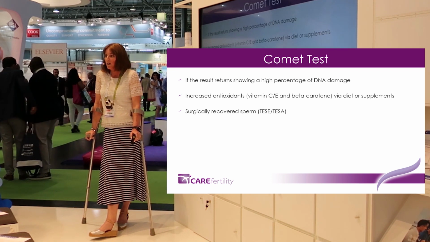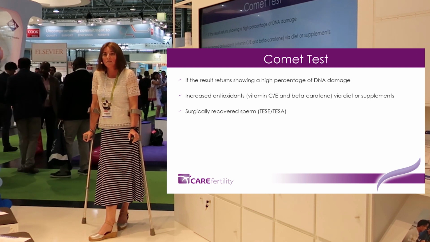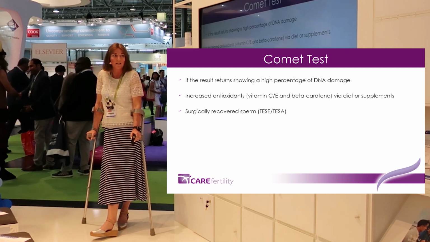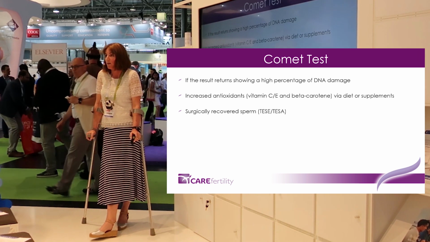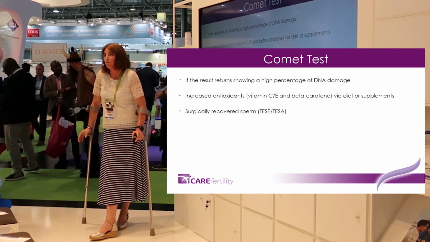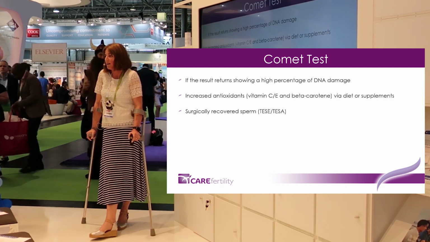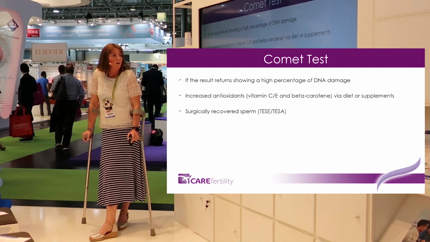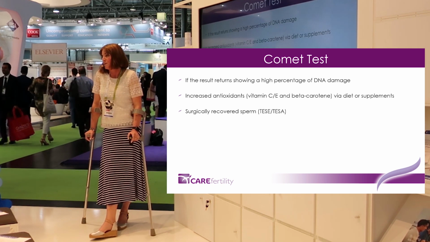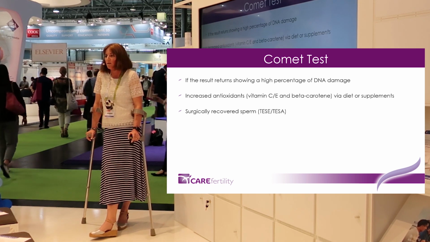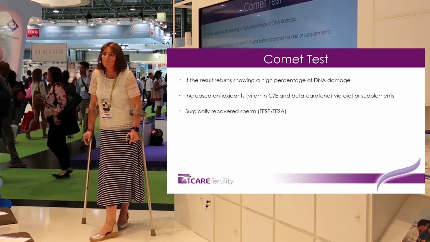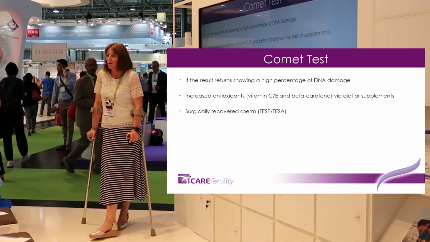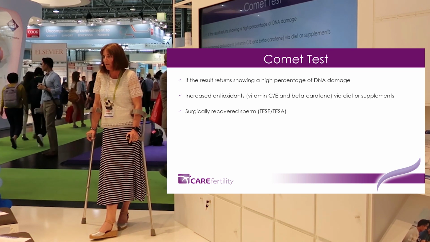After that time, we can test again. If the COMET test is still elevated, we can suggest ICSI as a treatment to decrease the amount of sperm around the eggs, or even surgically recovered sperm via TESE or TESA, because sperm damage occurs during the sperm's travel down the epididymis.